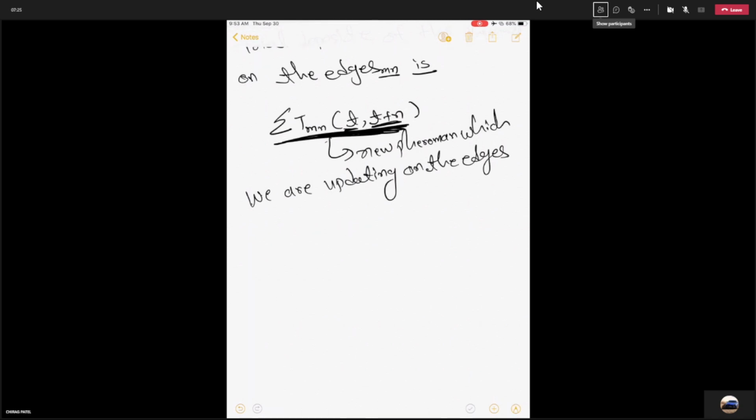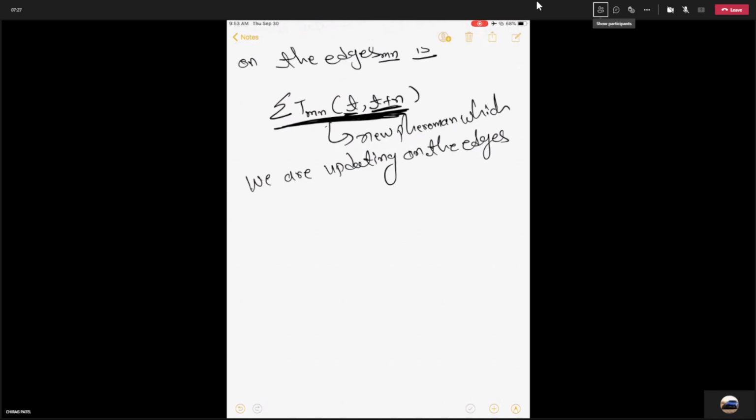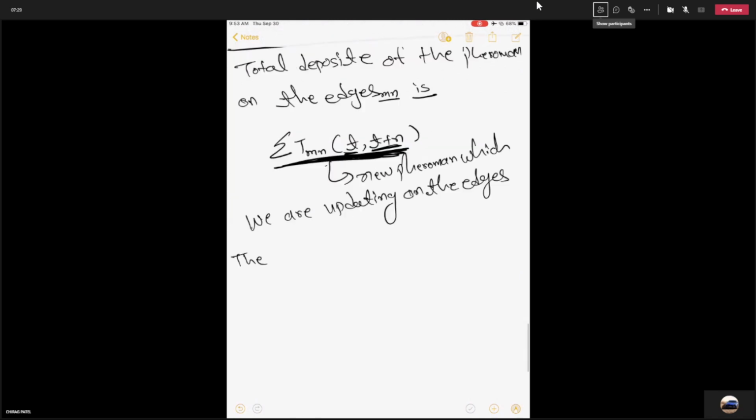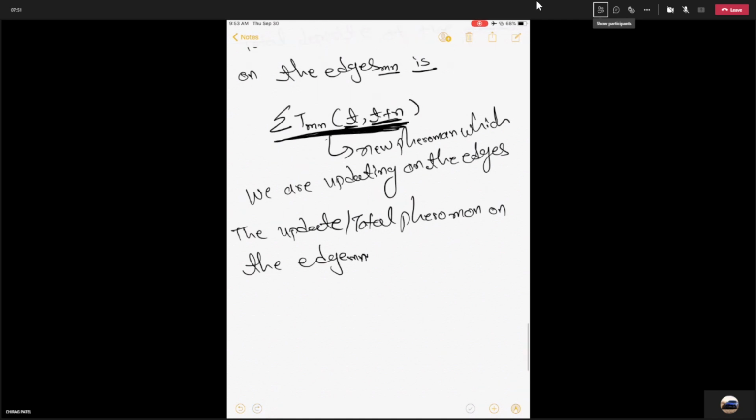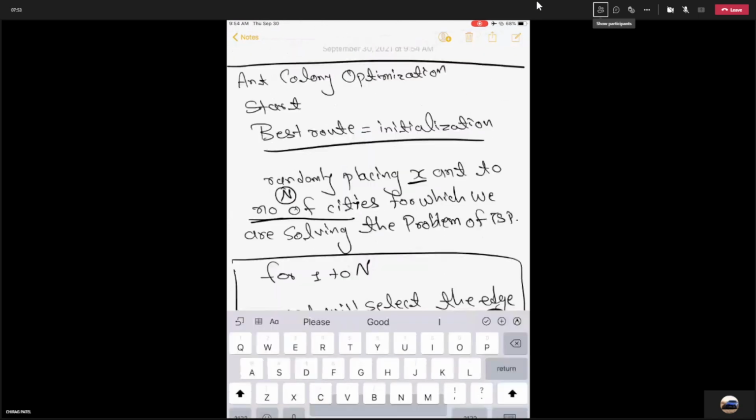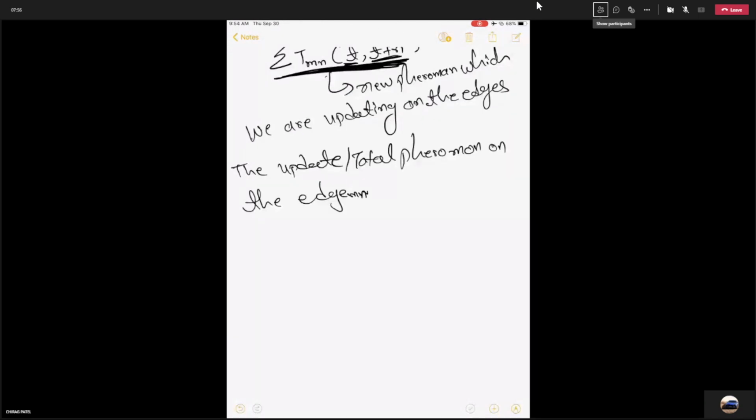to the edges. So we can say that the updated, or we can say the total pheromone on the edge mn, because we are calculating for mn. So the formula for this is tau mn of t plus n.